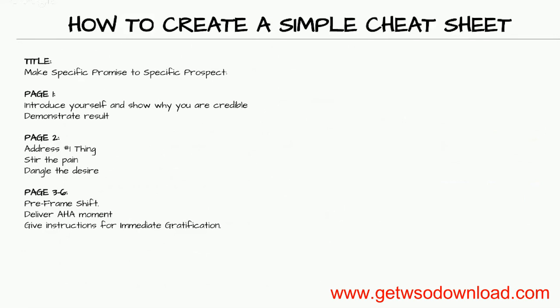This is where you get that shift going. You show them your method or your unique approach or whatever it is, and that sort of shifts them to wanting to learn more about specifically what you do or what you sell or what you offer. Deliver your aha moment in these pages and give instructions for your immediate gratification. That's what you want to do here.